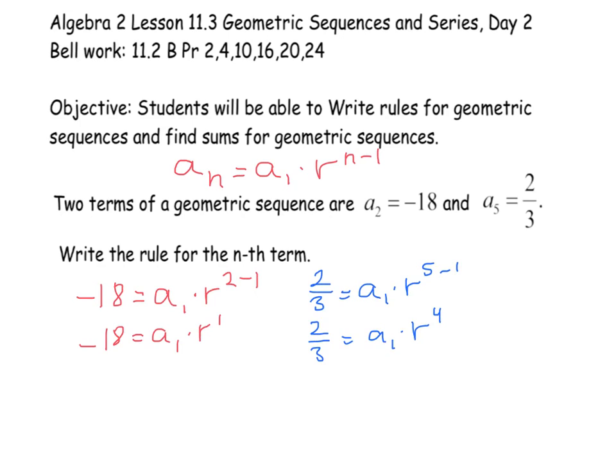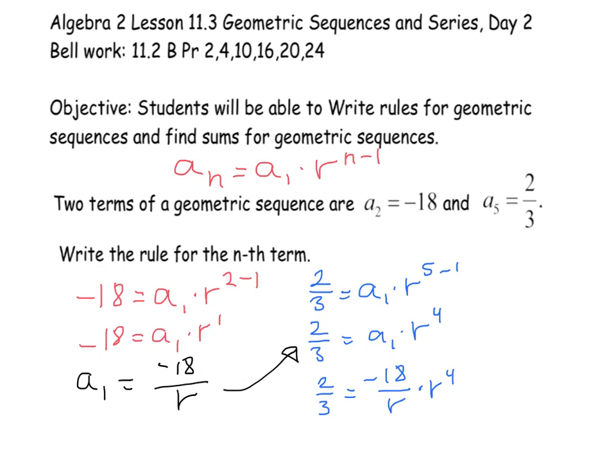Now if I isolate a1 from the first equation, I get a1 equals negative 18 divided by r. If I substitute this into the second equation, we get 2/3 equals negative 18 over r times r to the 4th.